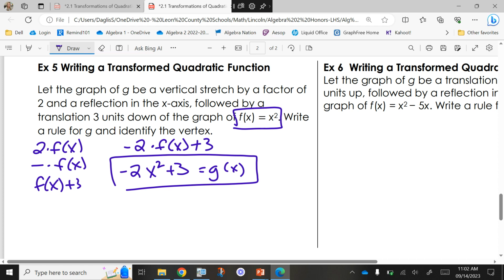On the origin, 0, 0. Okay? So where did the vertex move after all that? Where'd it go? It went 3 up. So what is my new vertex? Oh, it's supposed to be 3 down. That's probably why y'all are confused. It definitely says 3 down.